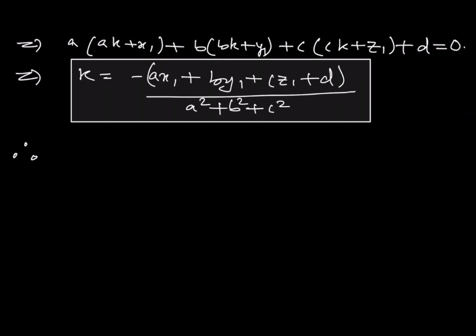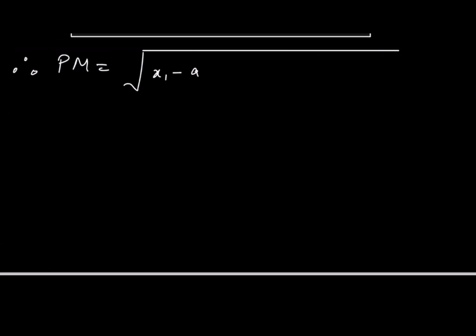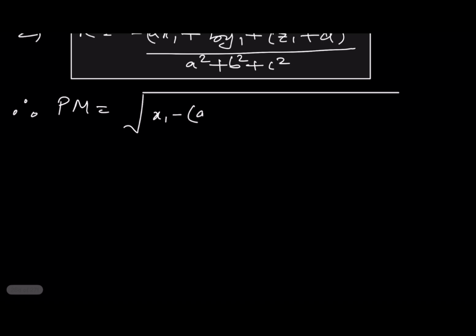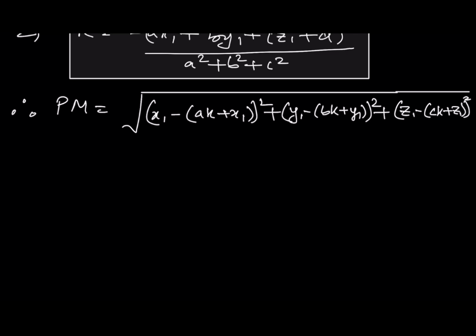We want PM, right? So we can also use the distance formula. So PM is root over (x1 minus (ak plus x1)) whole square plus (y1 minus (bk plus y1)) whole square plus (z1 minus (ck plus z1)) whole square, right?